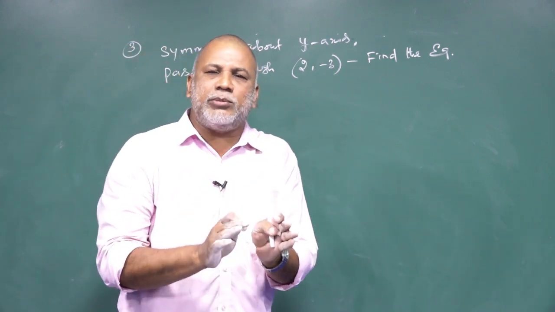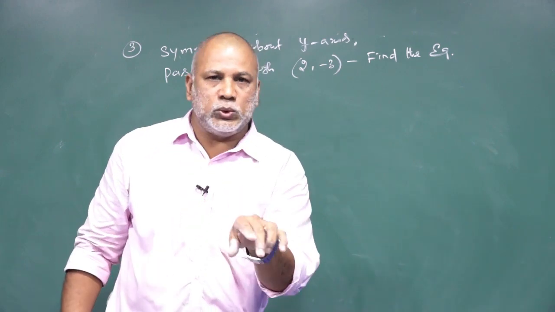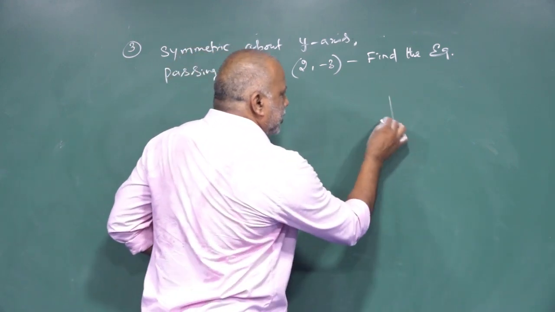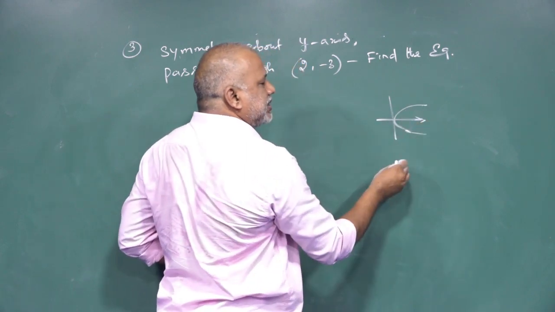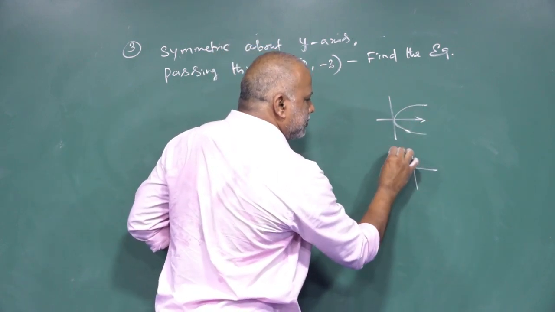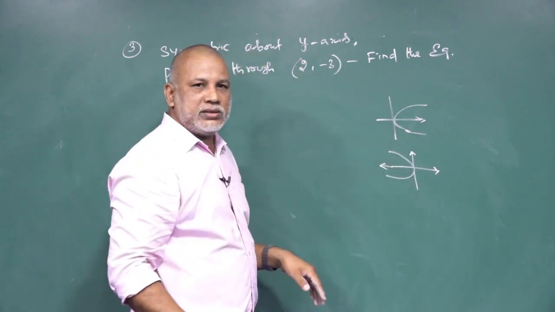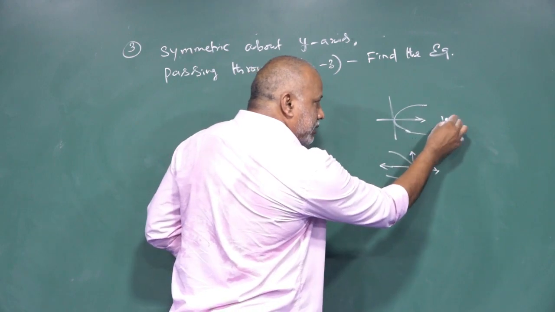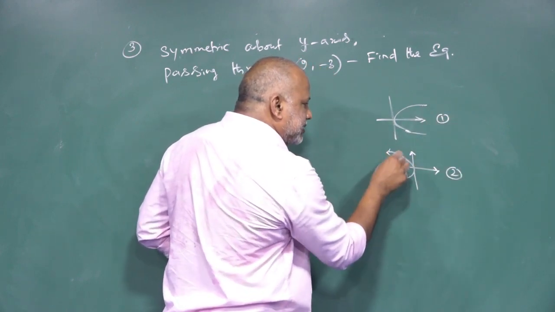I already explained the meaning of symmetry. In type number 1 and 2, you have to recall. This is type number 1. Just draw a rough diagram. This is type number 1. This is type number 2. Just recall your ideas: type number 1 and type number 2 are symmetric about x-axis.